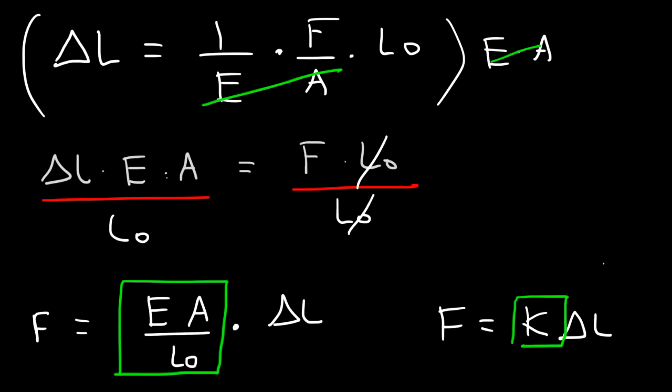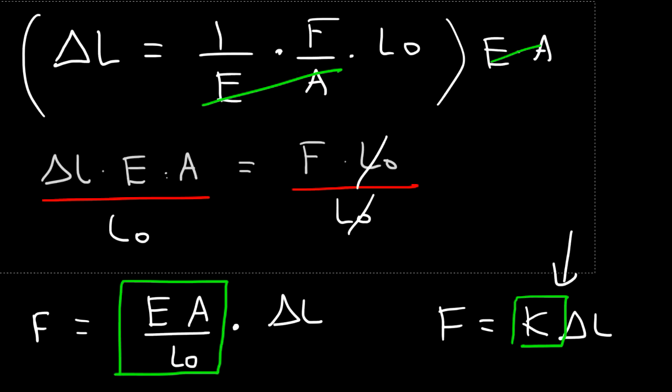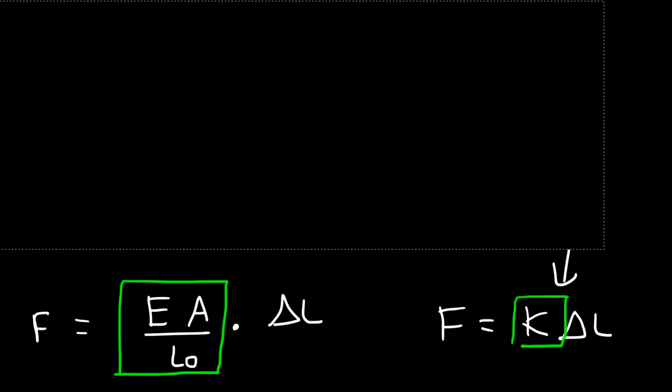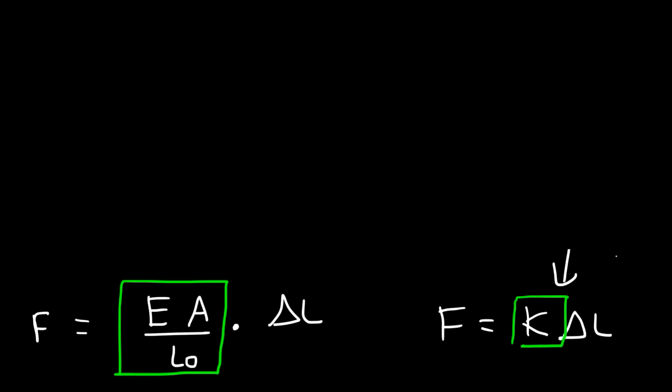So K depends on the dimensions of the material and also the properties of the material itself. Some materials are stronger, some are weaker. Some are longer, some are shorter, some are wider, and some are just thinner. Therefore, we can say that K is equal to elastic modulus times the area divided by L0.